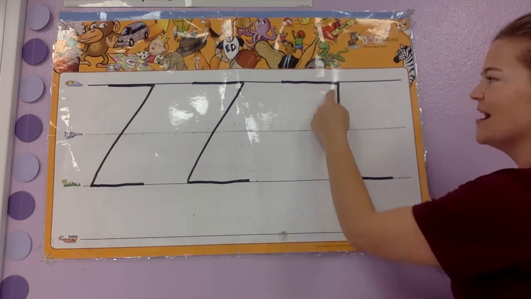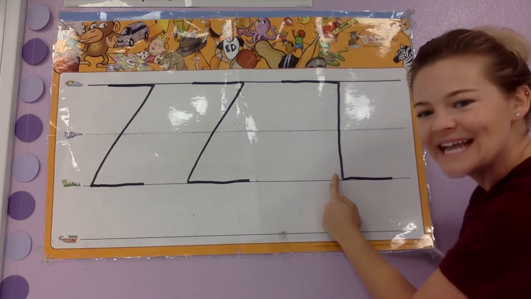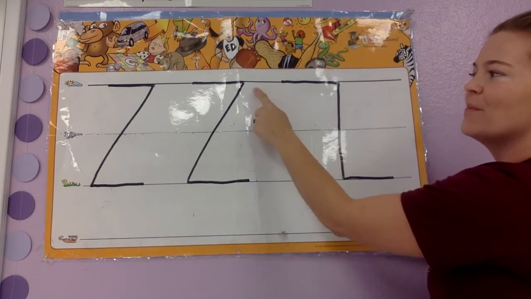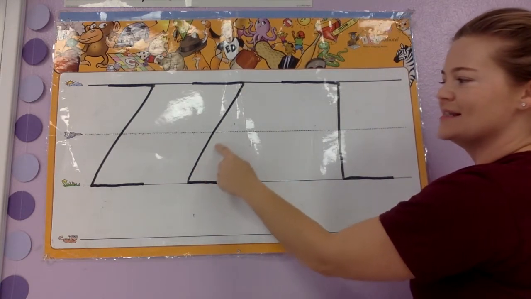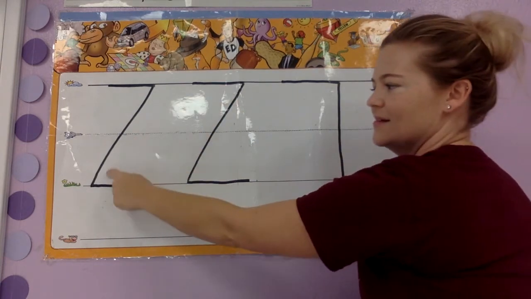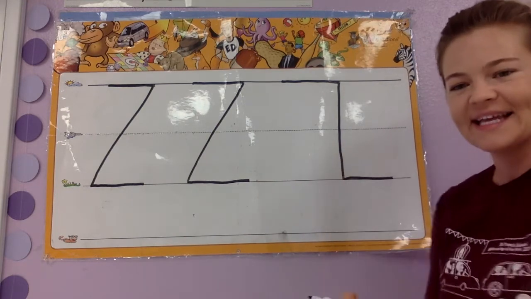Yes, this middle line. This middle line is not slanty. It's not diagonal. It's just going straight up and down. But uppercase Z needs a slanted diagonal line in the middle. So that's the difference. That's why this one's silly.